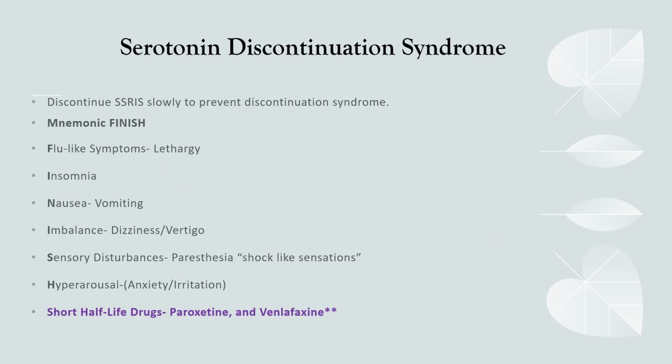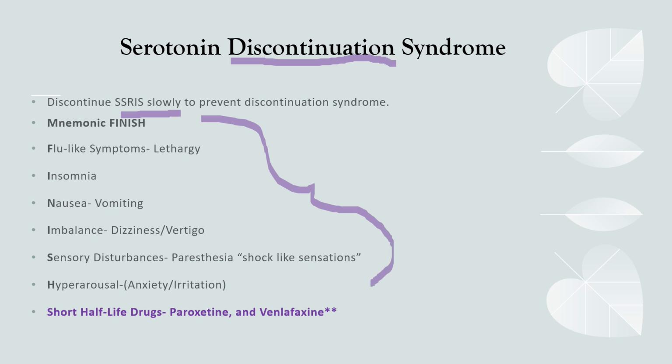Serotonin discontinuation syndrome. As the name implies, it's a discontinuation, usually of the SSRIs or SNRIs, that contribute to this syndrome. So it's really important for SSRIs to be discontinued slowly to avoid discontinuation syndrome. A mnemonic for the clinical presentation is FINISH.